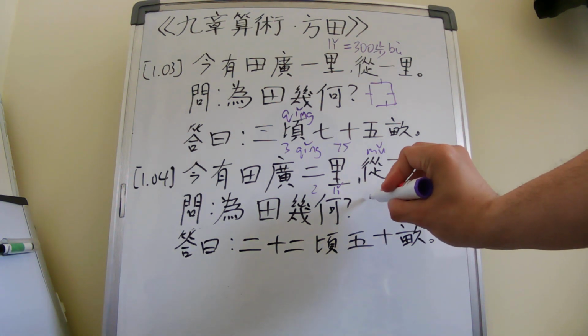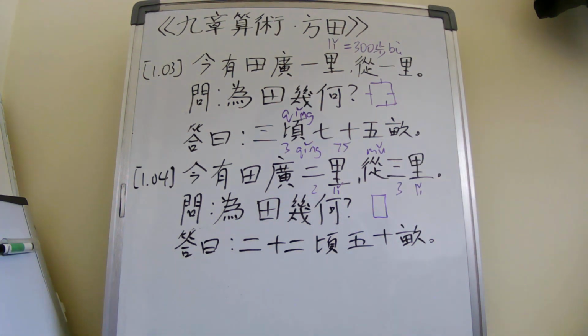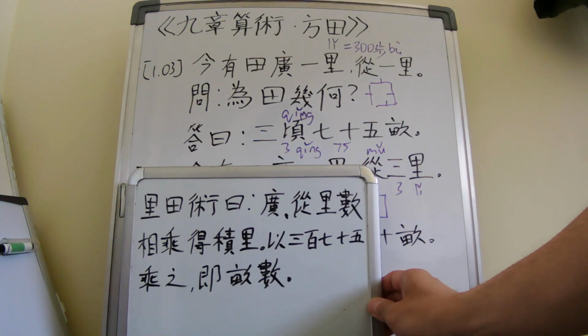So it looks like something like that. So it's a rectangle this time, and that area turns out to be 22 qǐng and 50 mu. Okay, that's the questions. And there is a method for this type of problem, even though it's still a rectangle.